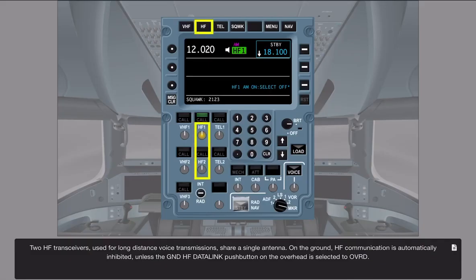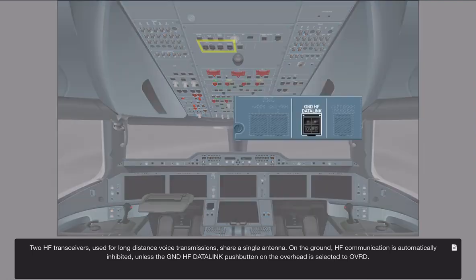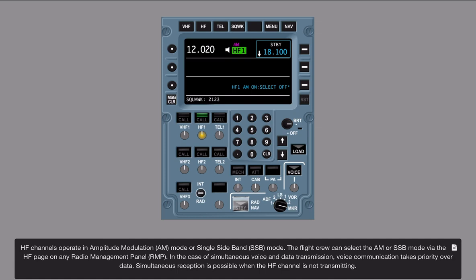2 HF transceivers used for long-distance voice transmissions share a single antenna. On the ground, HF communication is automatically inhibited unless the ground HF data link push button on the overhead is selected to override. HF channels operate in amplitude modulation (AM) mode or single sideband (SSB) mode.